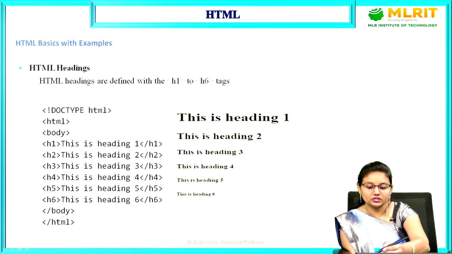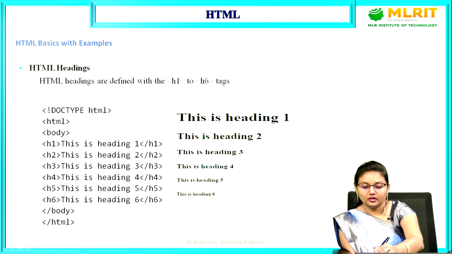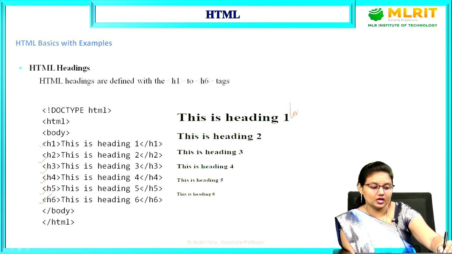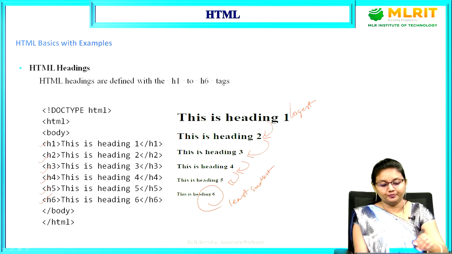So here what is the body? Body is written in between the body you have H1, H2, H3, H4, H5, H6. If you see, the content is same. Head 1 is of largest font. Okay. Somewhat smaller. Again somewhat smaller. And this is the least smallest font. Okay.